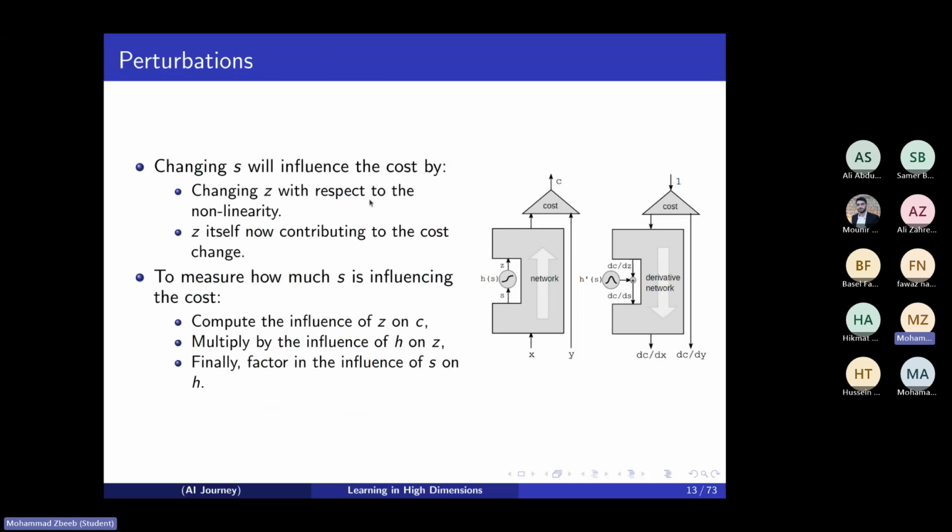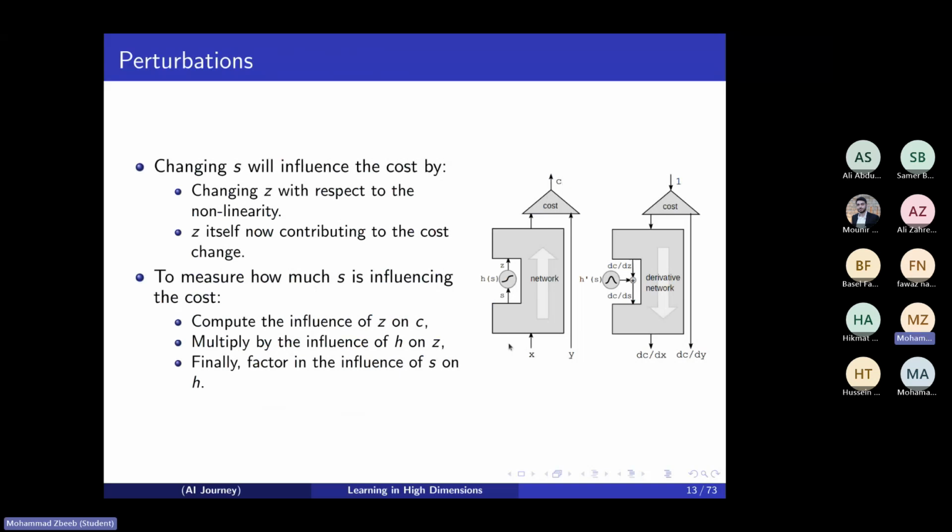Okay. To make it more robust, think of it this way. The figure to your left is the feed forward. We're going to input X to a neural network, and then we're going to have some cost, some loss.